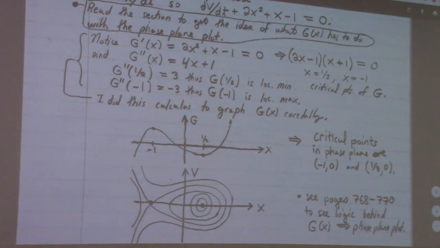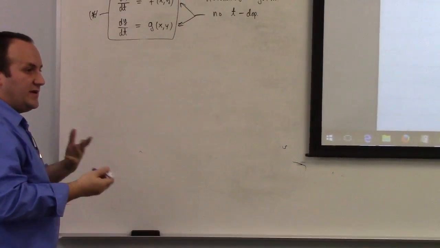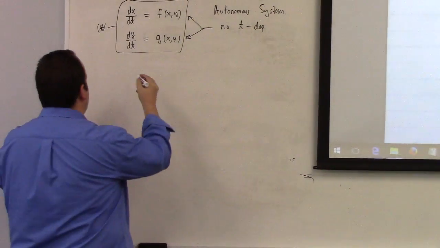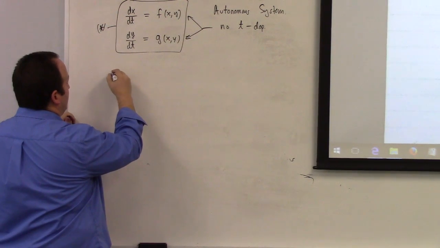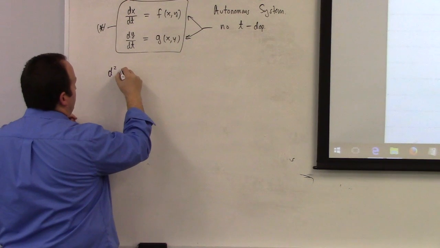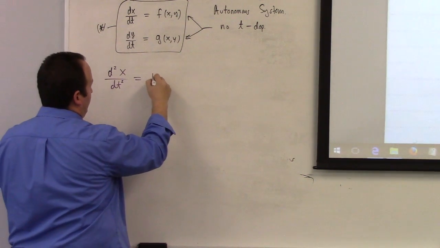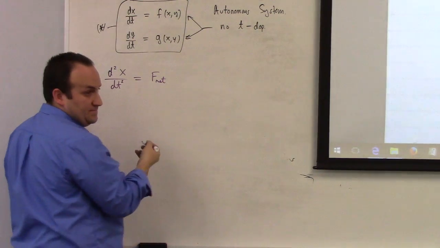So, all kinds of stuff can happen for these generic problems, but when we look at problems coming from physics, there's much less freedom. So if we have d squared x dt squared equal to the net force, let's start there.